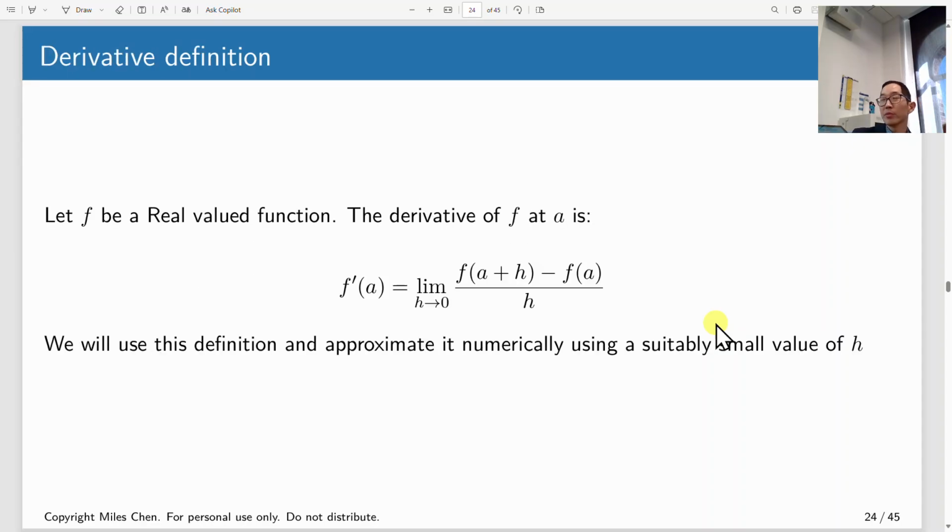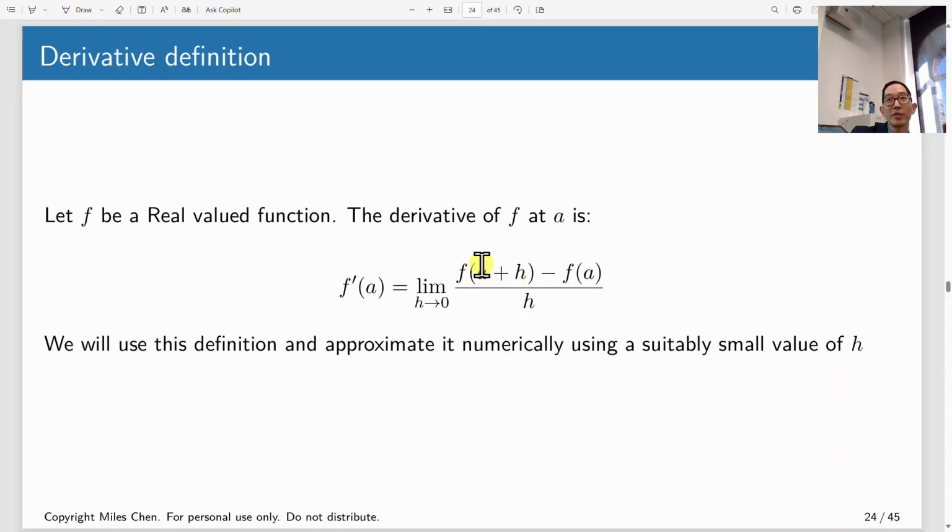So the idea behind it is that, well, we say, what's the definition of a derivative? And so this was probably covered during your first week of calculus. You start off with limits, and then you say, okay, well, the derivative is going to be, evaluate the function at a, and then add on a small little h.